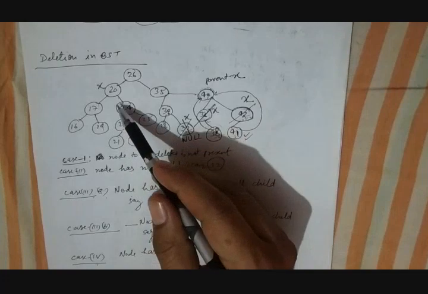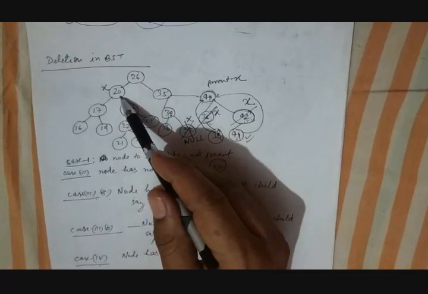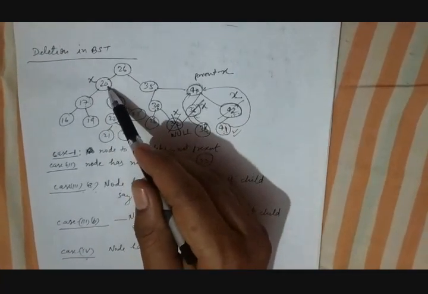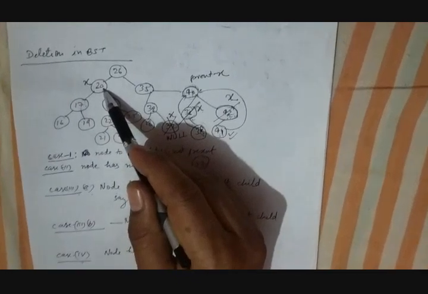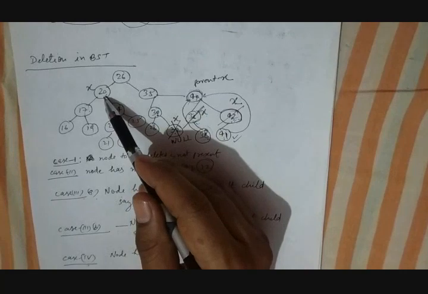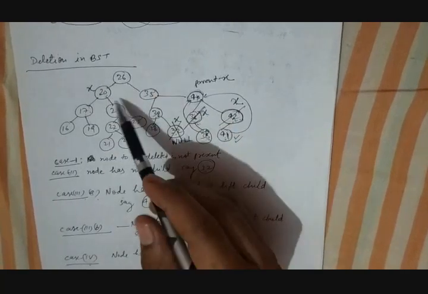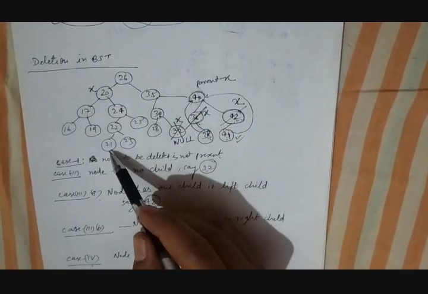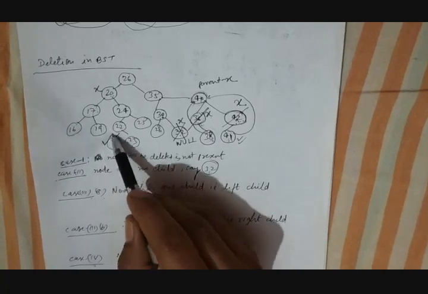So in case we want to delete a node which has two child nodes, we will replace that node with its immediate successor. So what is the immediate successor in a binary search tree? Just see here, this is 20 and the immediate successor is 21.